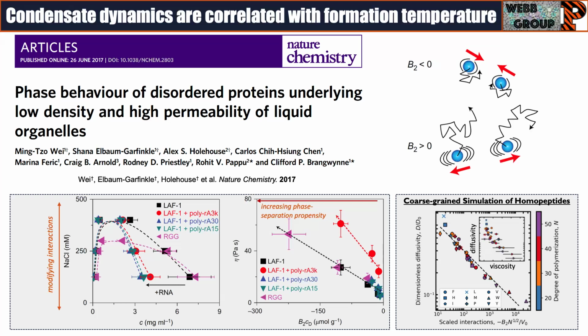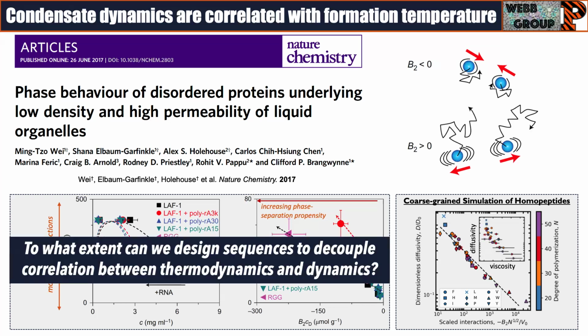And then on this axis, we have not the viscosity, but the diffusion coefficient of the protein, the homopeptide, in the condensed phase. So we found a condensed phase, and you can see that they align. And we can actually figure a reasonable theory to show that this should be the case for a homopeptide, because there's only really a single energy scale that's available for this to happen.